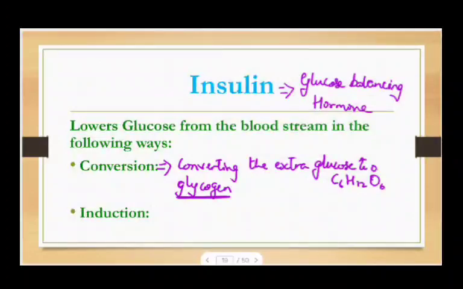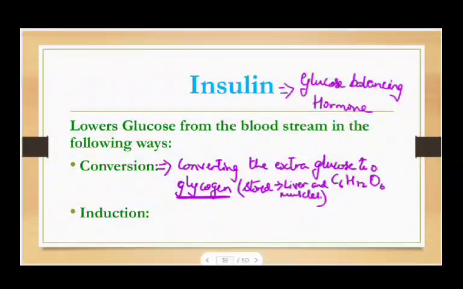Now where is this glycogen stored? This glycogen is stored in the liver and the muscles of our body.